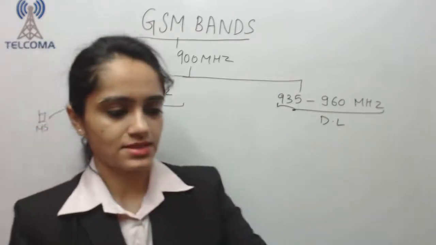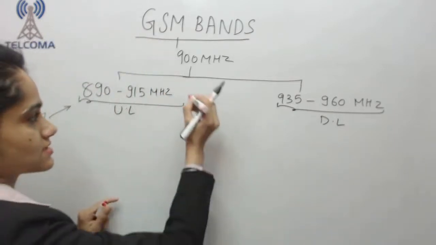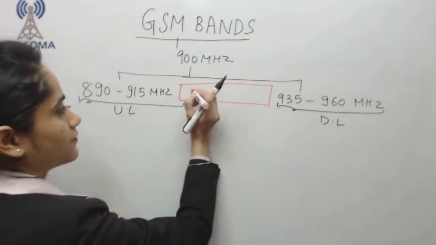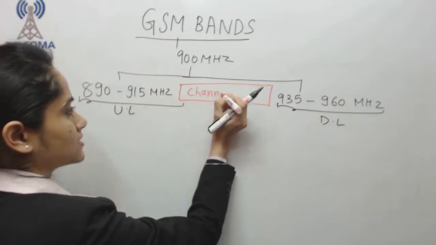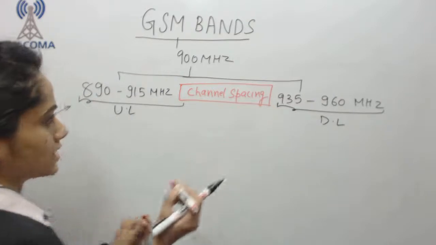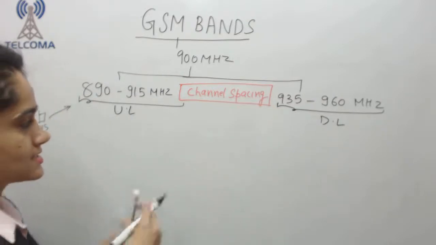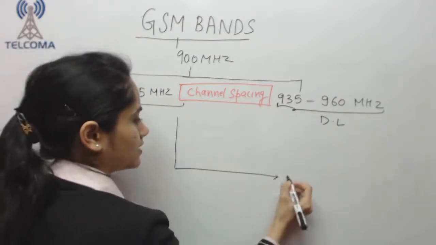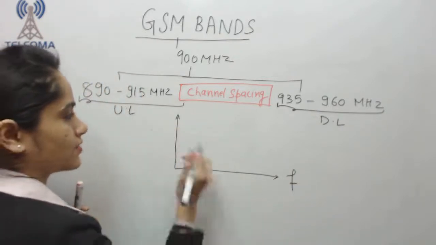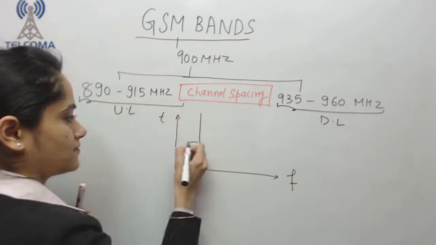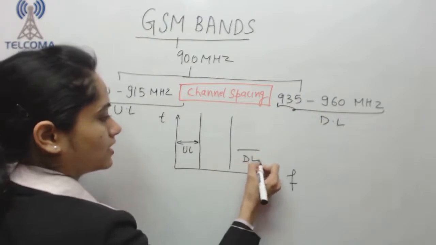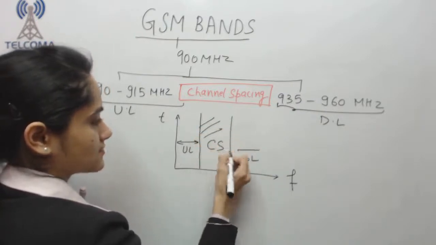Now this space we call channel spacing. In FDD, frequency division duplex, with frequency on one axis and time on the other, we have this as uplink, this as downlink, and in between we have the channel spacing.